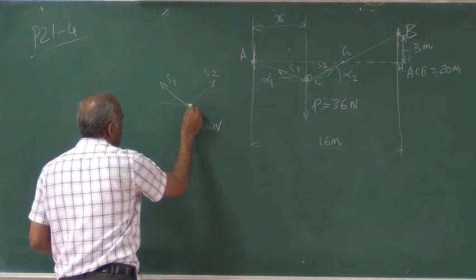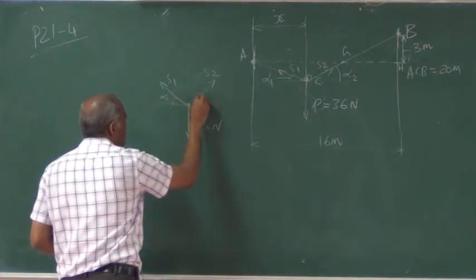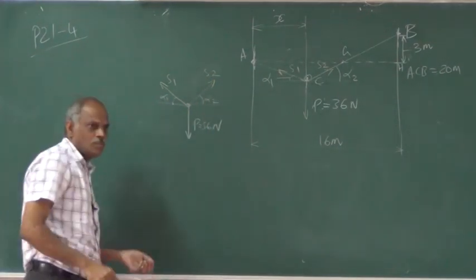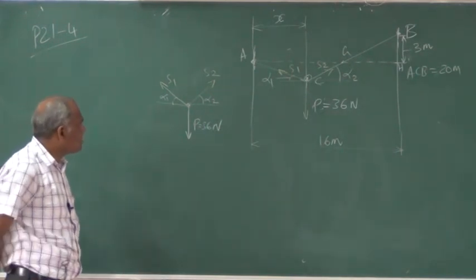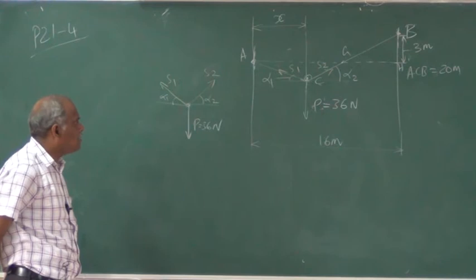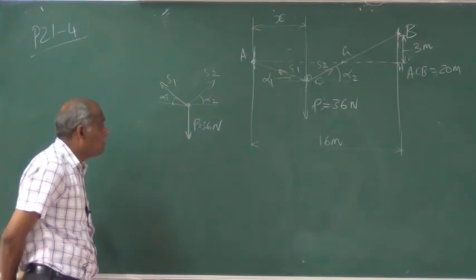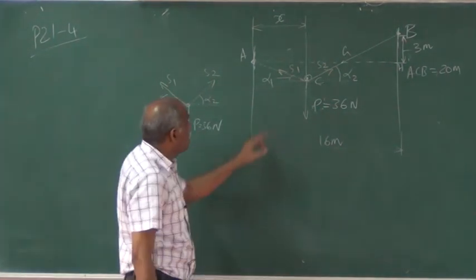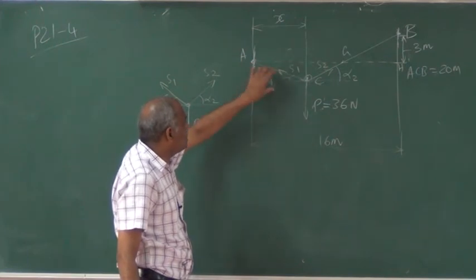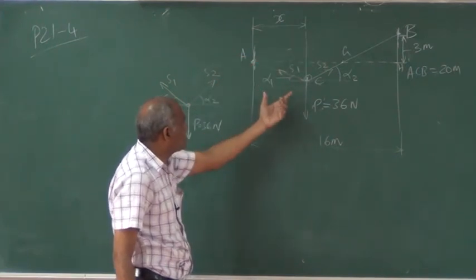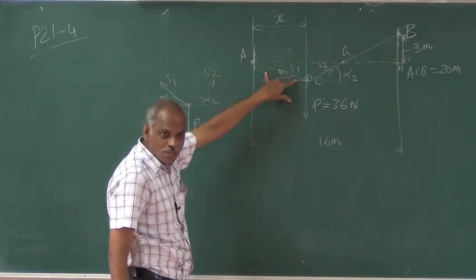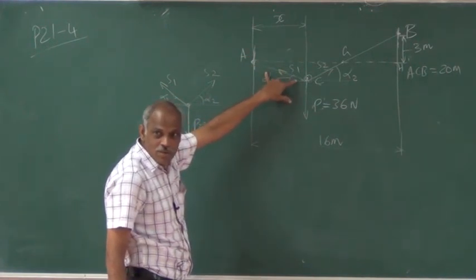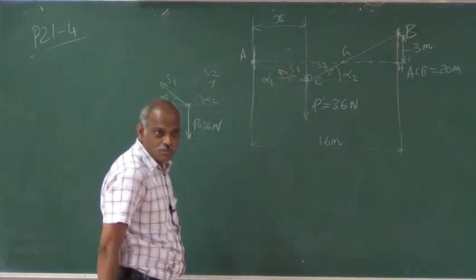The angle they make is alpha 1 and alpha 2. So what will be alpha 1 and what will be alpha 2? To find out alpha 1 and alpha 2, I have this x, but I should know either this distance or this part of this chord, but that is not known.